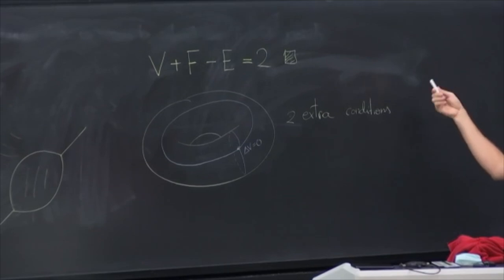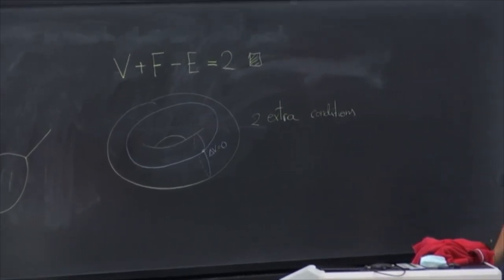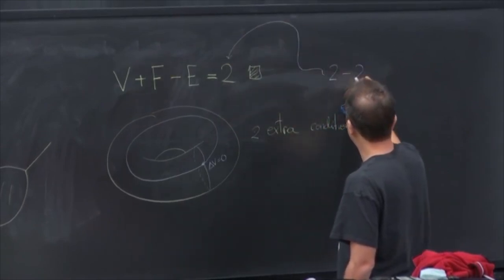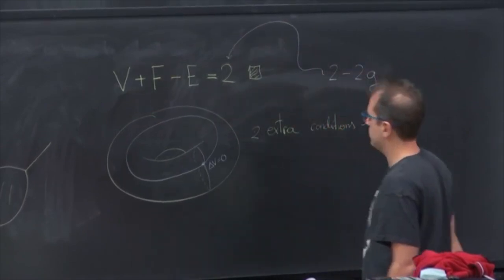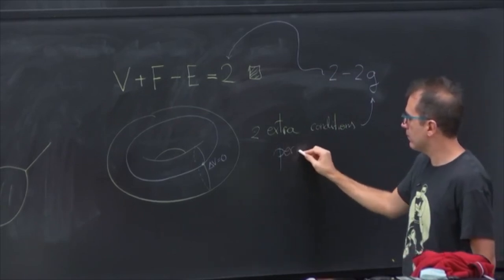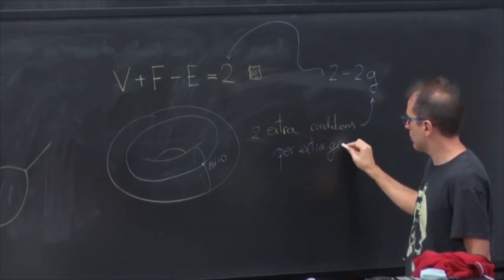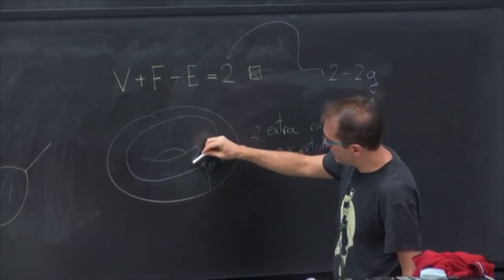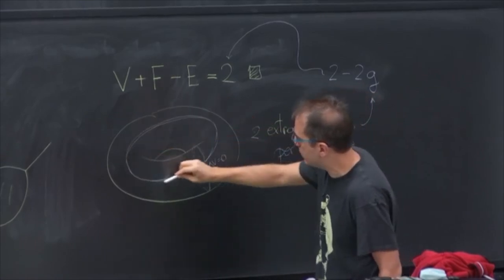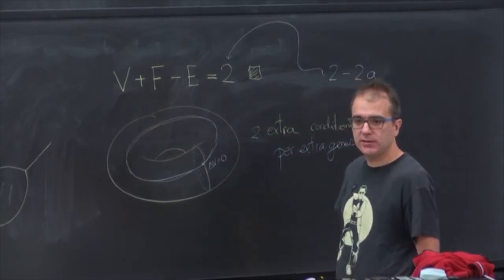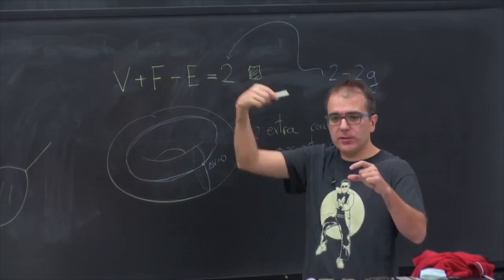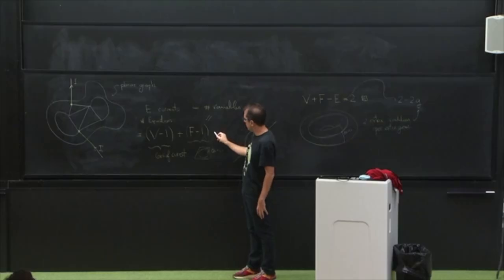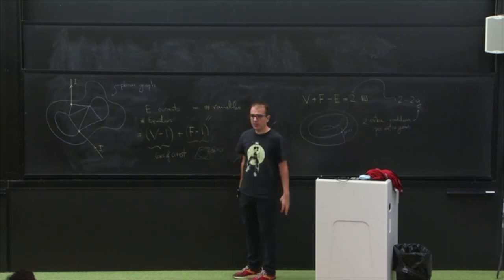Etc., etc. Each time I go up in genus, I get 2 more conditions for the 2 new cycles. And therefore, this 2 becomes 2 minus 2G. What are the 2 extra conditions? It's the fact that there is no difference of potential as I go around this cycle or around this cycle. These are 2 independent cycles of the torus. And each time I add an extra genus, I have 2 new independent cycles. And so the number of equations increases by 2 times the genus, and therefore we get a precise equation.